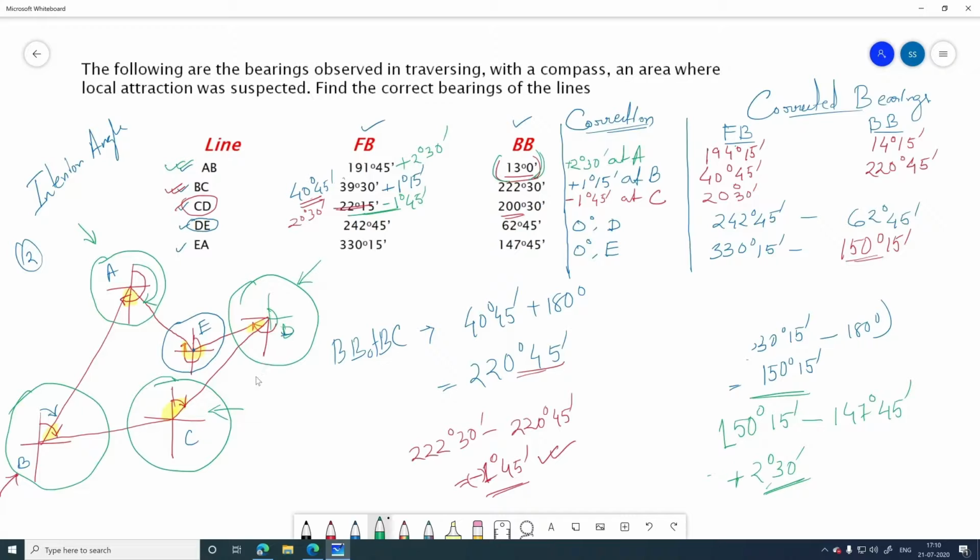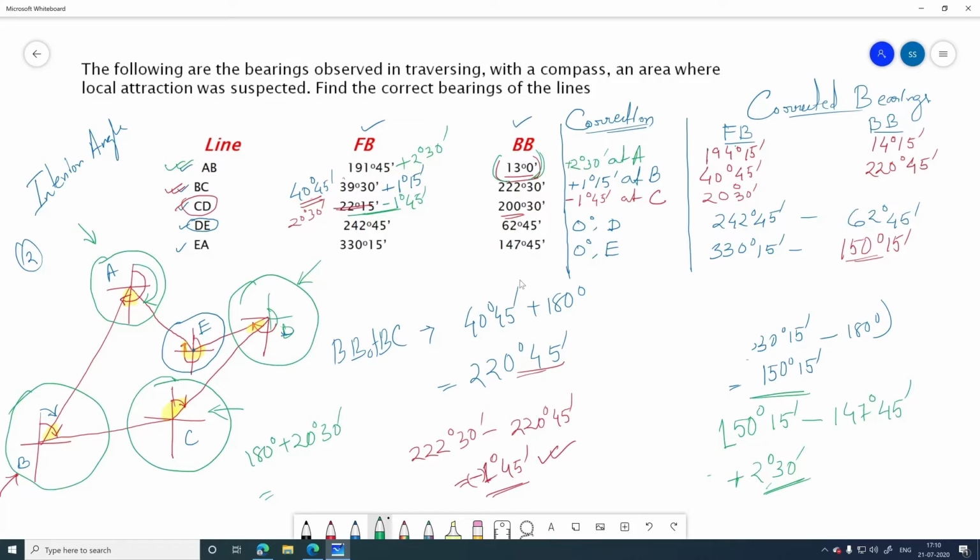So forebearing of DC, or you can say the back bearing of CD, that is 200 degree 30 minutes, as it is already given. But as per our value, the forebearing of CD is 20 degree 30 minutes. So if you add 180 degree plus 20 degree 30 minutes, that should give the back bearing of CD, right?